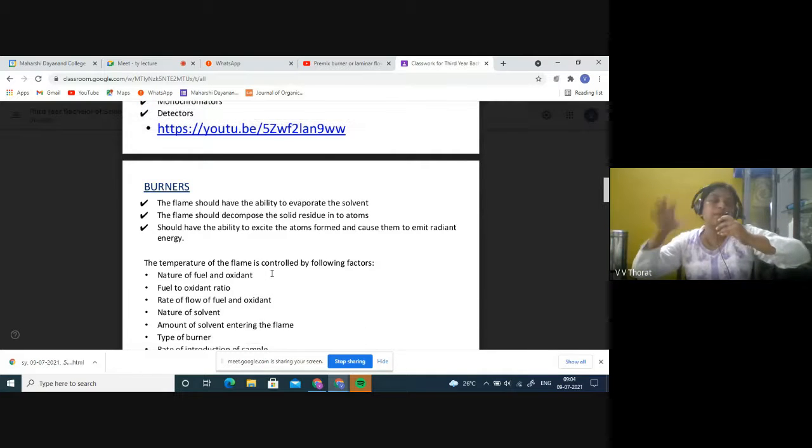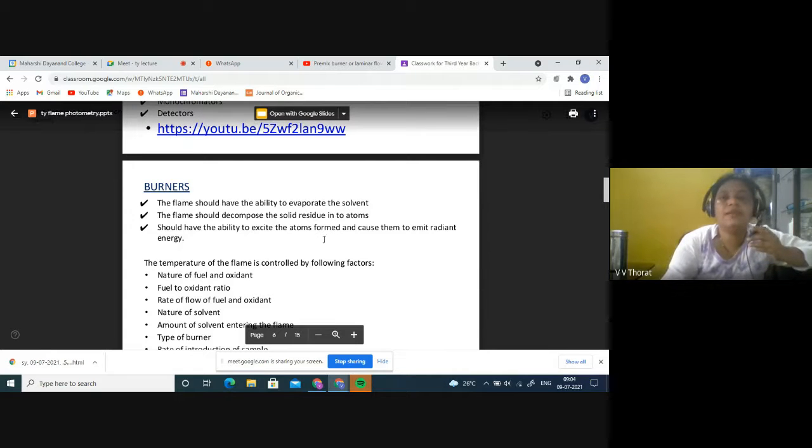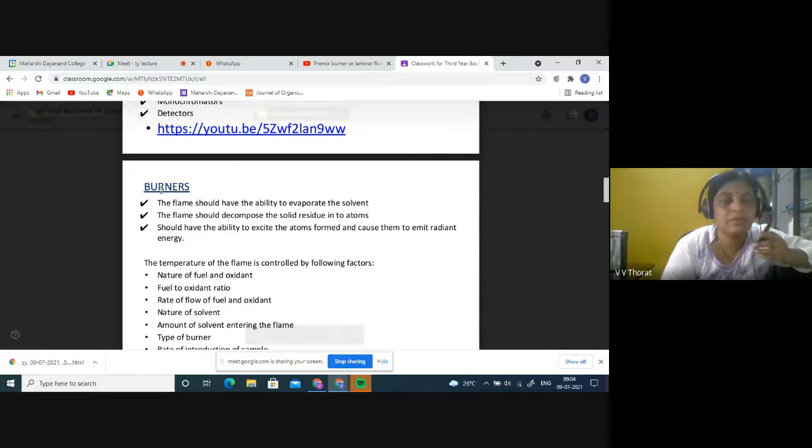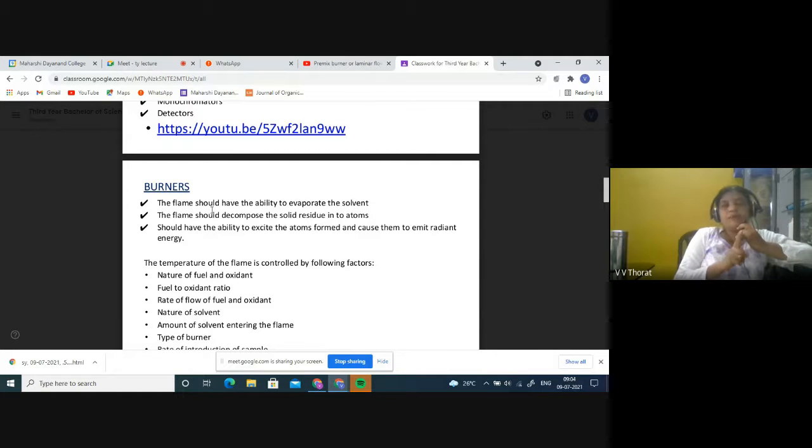We cannot put atoms in the flame; the flame will convert the components into atoms. And on that burner, when the atoms are there, they will absorb thermal energy and then they will emit radiation. This is the role of the burner. Why do we need a burner? To vaporize the solvent, to form atoms, and to provide thermal energy for the atoms to get excited.